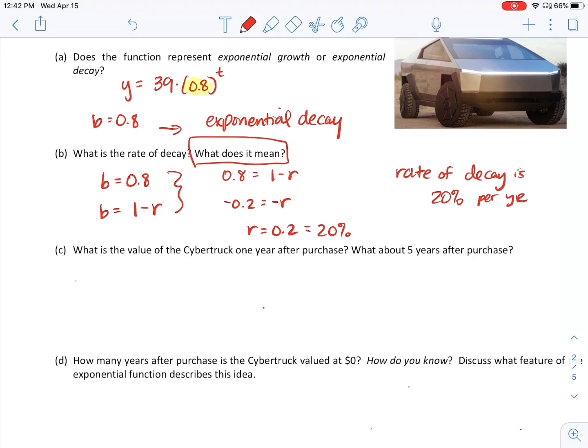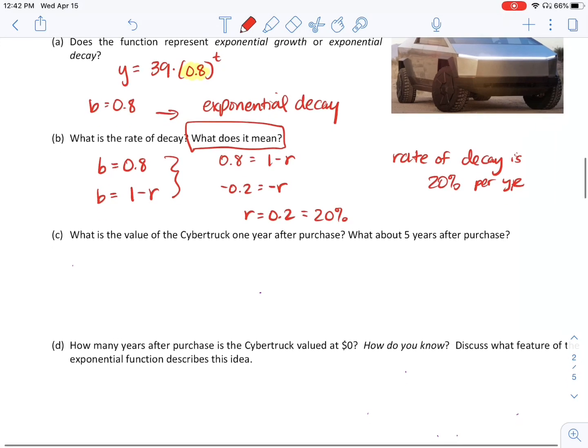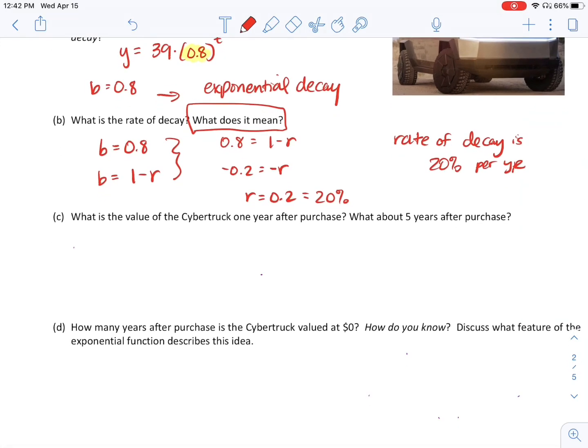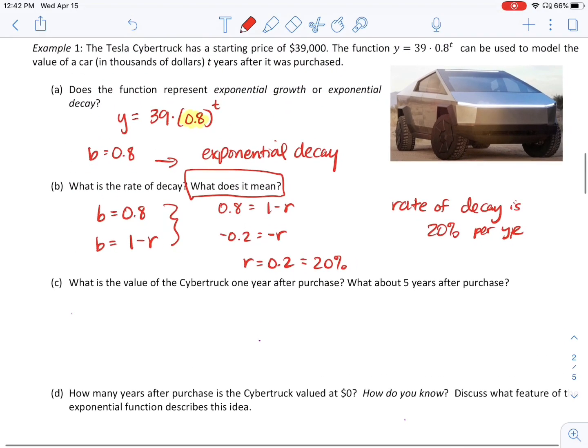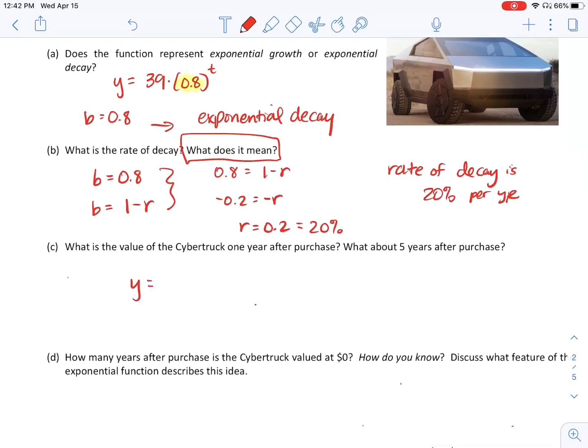In terms of the problem, what does that mean? That means that the value of the Tesla truck is decreasing by 20% per year. What is the value 1 year after purchase? Well, that's not so bad. I just take the equation, y equals 39 times 0.8^t, and substitute in t equals 1. 39 times 0.8 to the first power.